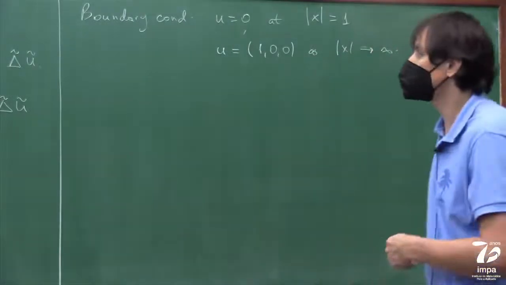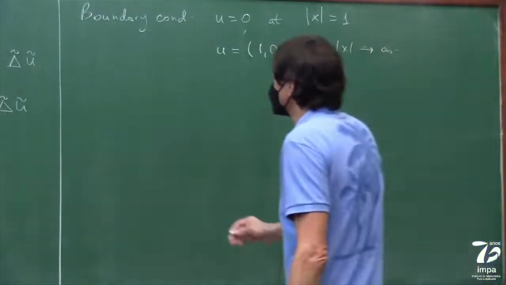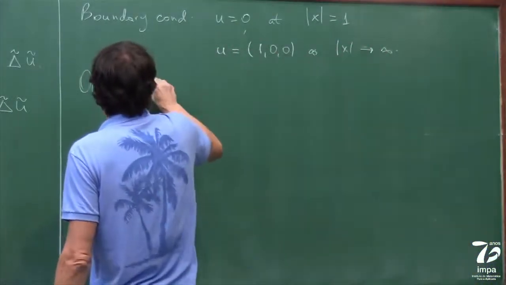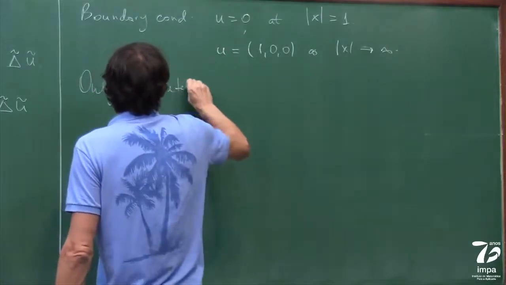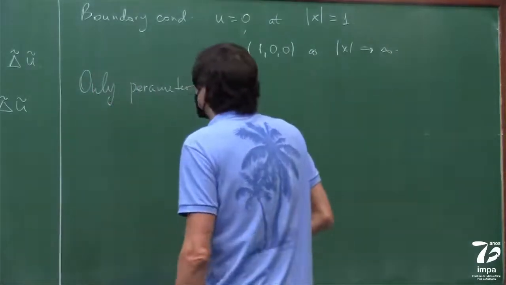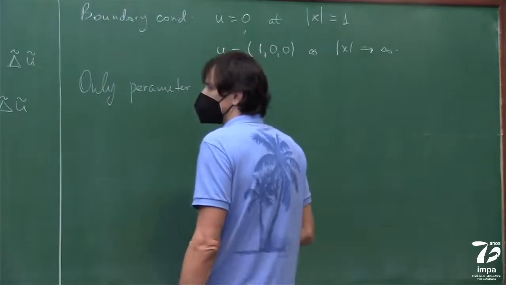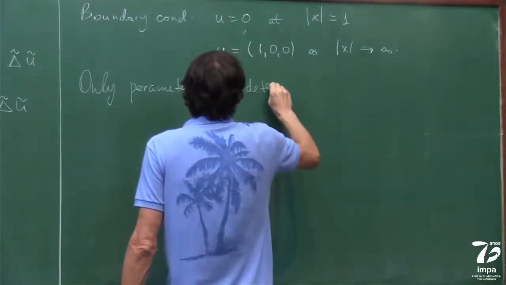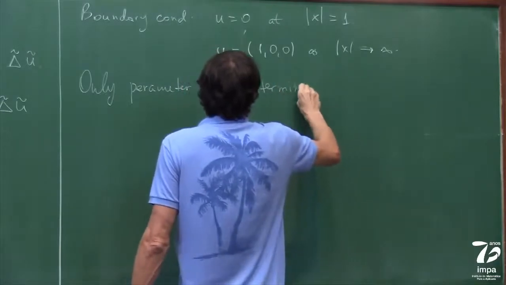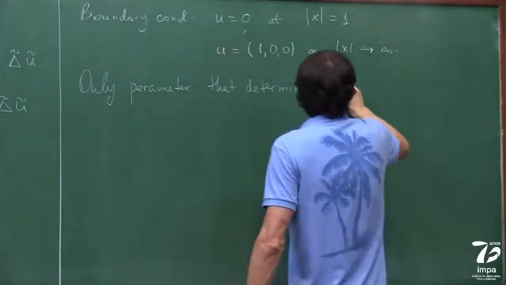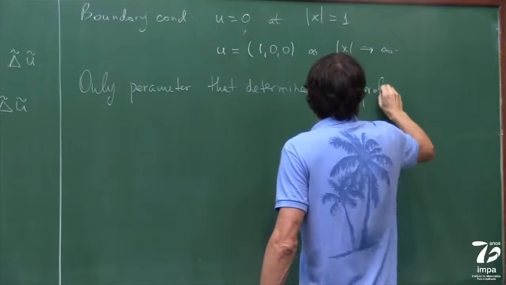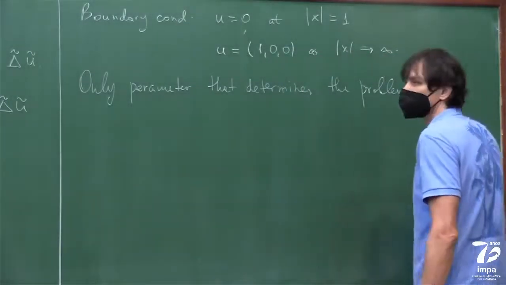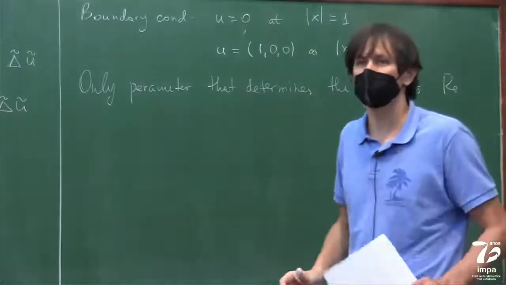So there is no other parameter. What you see is that the only parameter that determines the problem is the Reynolds number. Everything depends only on the Reynolds number.